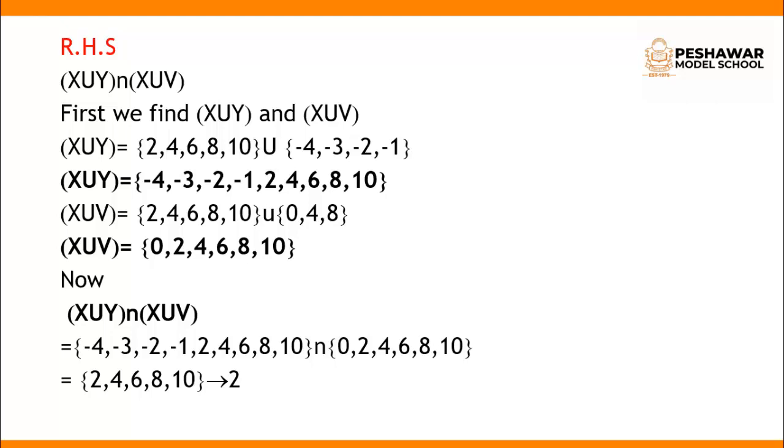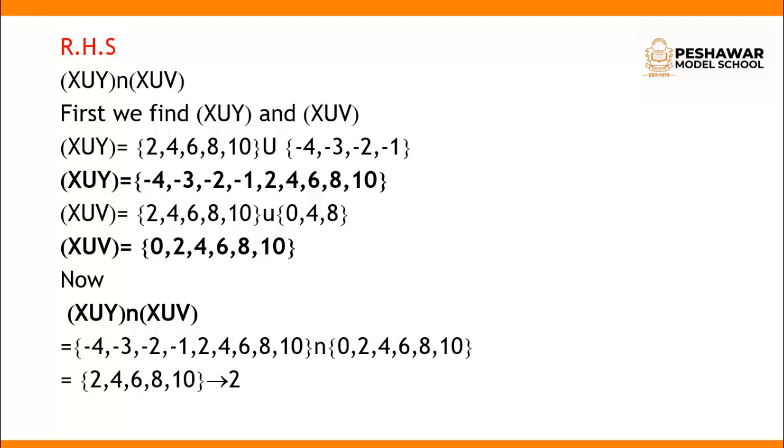Now we have to combine and take the intersection of these two sets. Elements of X union Y are -4, -3, -2, -1, 2, 4, 6, 8, 10. Intersection, elements of X union V are 0, 2, 4, 6, 8, 10. Now intersection means we take the common elements.